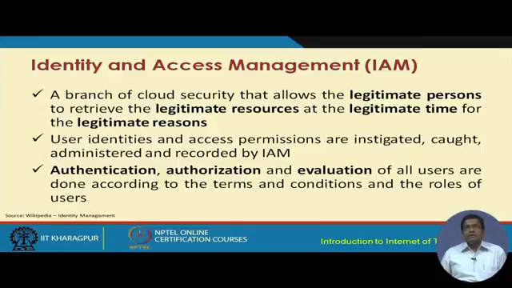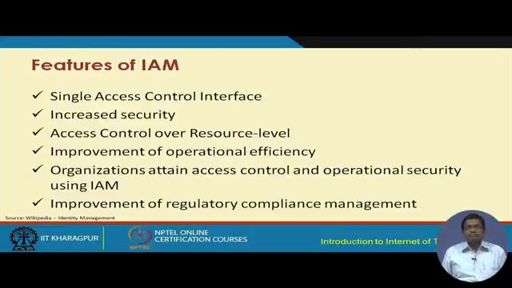Here the user identities and the access permissions are instigated, caught, administered, and recorded by IAM, that means the identity and access management module. Authentication, authorization, and evaluation of all resources are done according to the terms and conditions and the roles of the users.